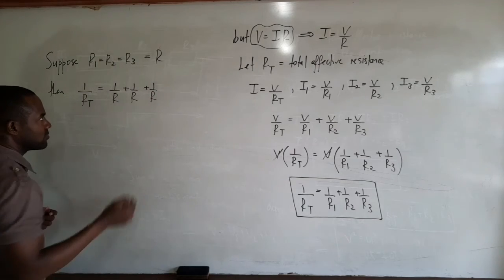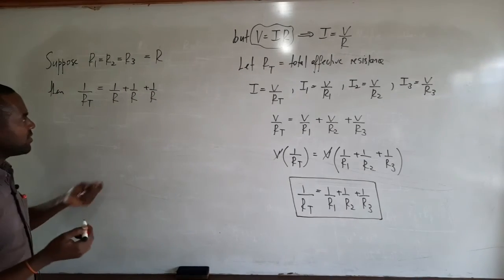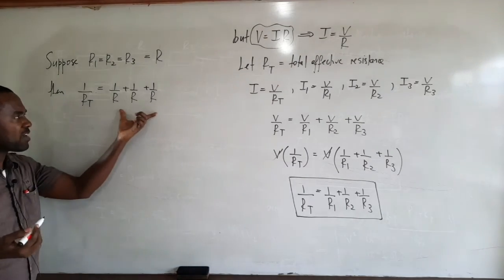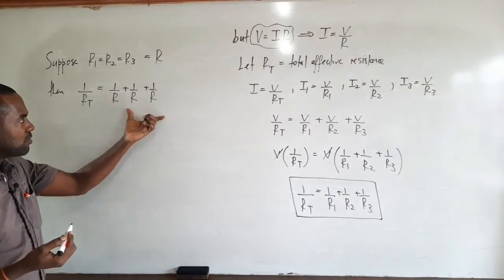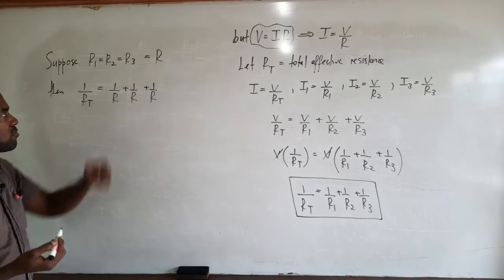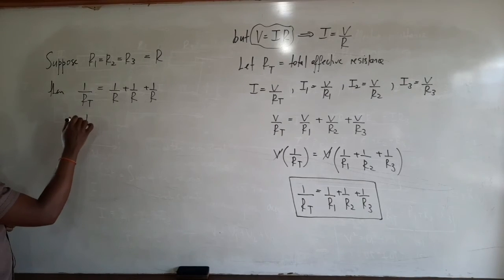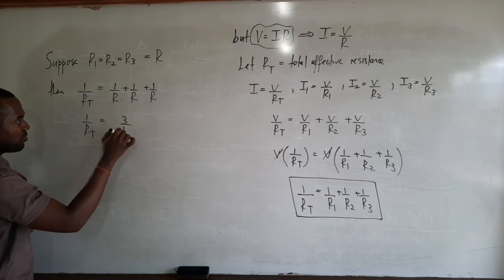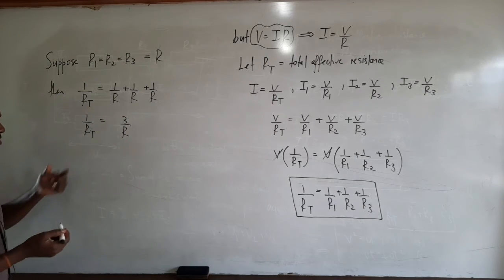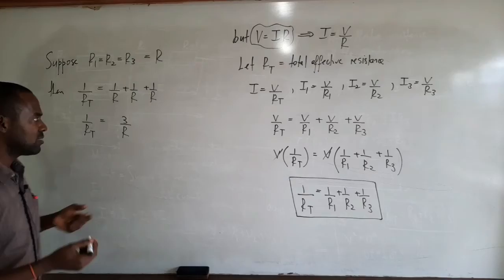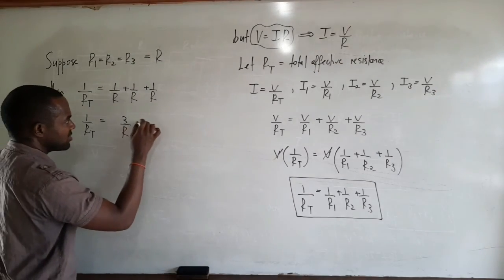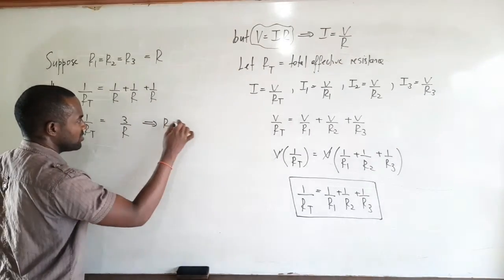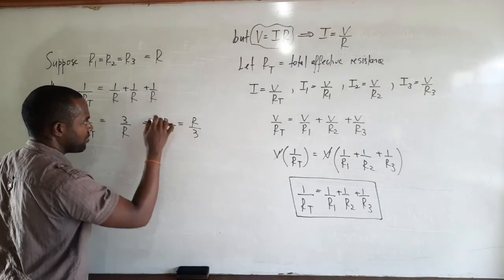So on the right hand side we have 3 fractions with the same denominator, and so we can just add the numerators. So 1 over RT is equal to 3 over R. If you flip both sides, we get RT is equal to R over 3.